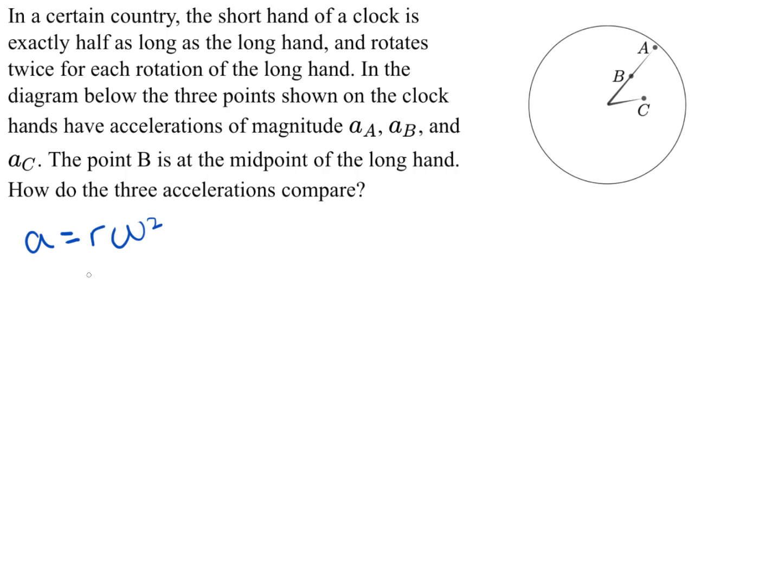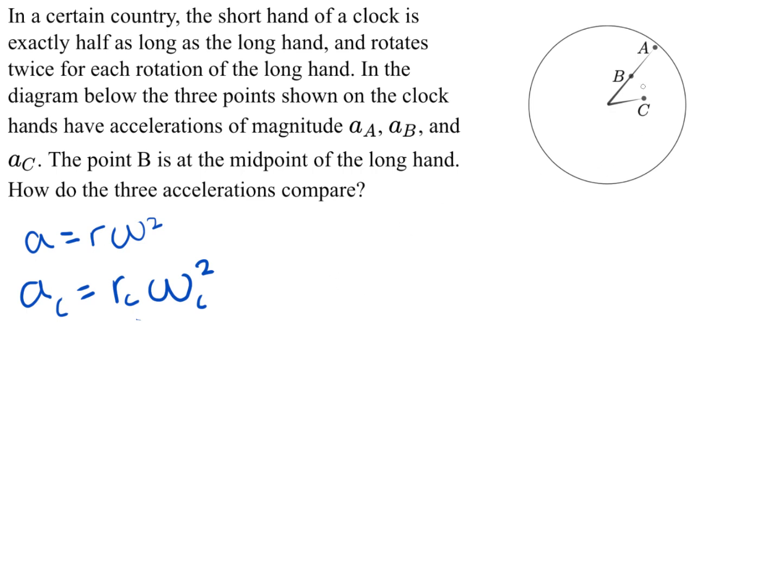So let's write everything in terms of the radius of point C and the angular velocity of point C. So with that, the centripetal acceleration of point C is simply going to be the radius of point C times the angular velocity of point C squared. So that's the magnitude of the acceleration of point C.